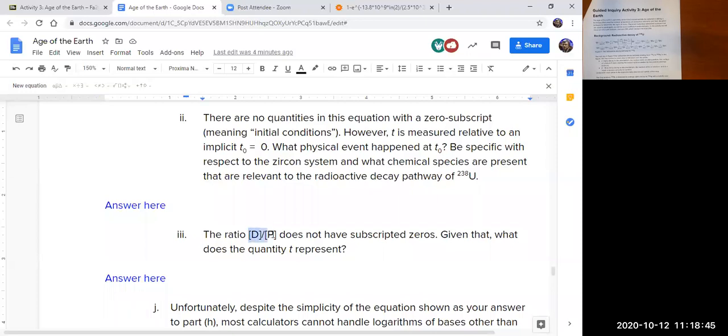The ratio D to P does not have subscripted zeros. Given that, what does the quantity T represent? It represents the time since time 0 when it crystallized from the melt, which means T is the age of the rock.